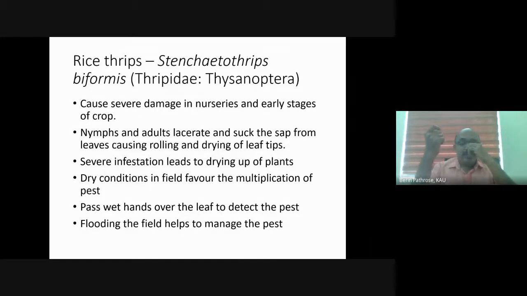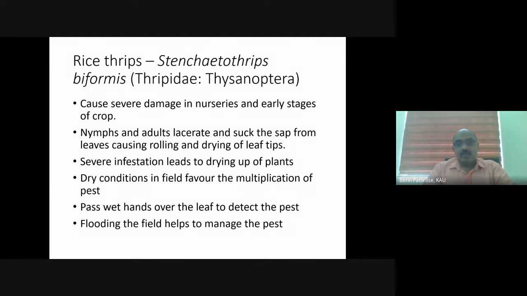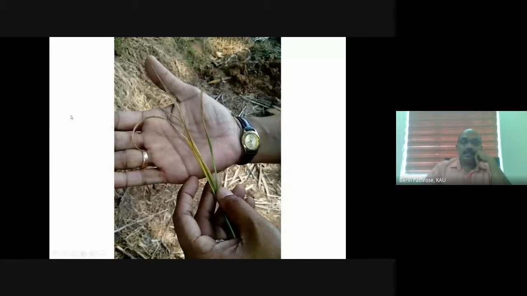And another thing which we usually observe, which is one way to distinguish it, is that the leaf tips start rolling inwards and form a needle-like structure. I will show that picture. Then you will be able to understand how it happens. See this picture.